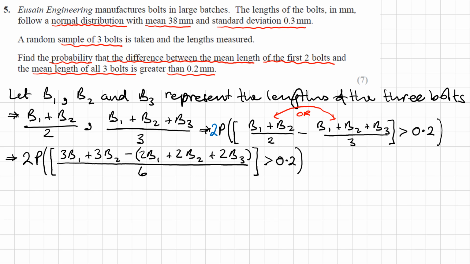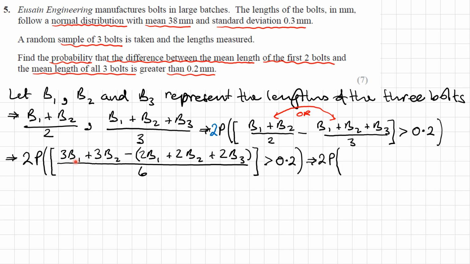Now the next thing I'm going to do is to combine all of these numerators and then multiply both sides of this inequality by 6 to get rid of that. So then I'll have 2 lots of the following probability. So let's combine these.